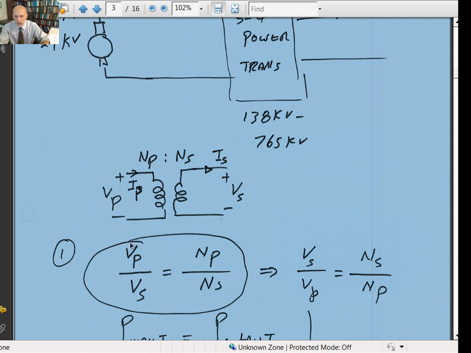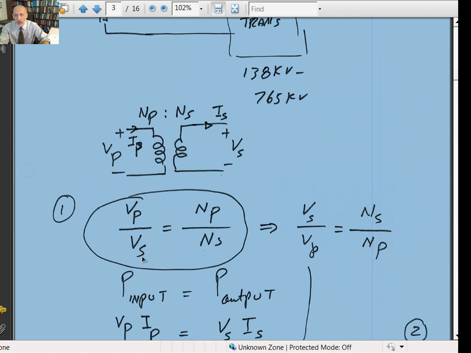So if I solve for the primary voltage, multiply both sides of this equation by V sub S. If N sub P is greater than N sub S, then V sub P would be greater than V sub S, and that's a step-down transformer. If it's the exact opposite, if N sub S is greater than N sub P, then V sub S will be greater than V sub P, and that would be a step-up transformer. So the secondary voltage would be greater than the primary voltage.